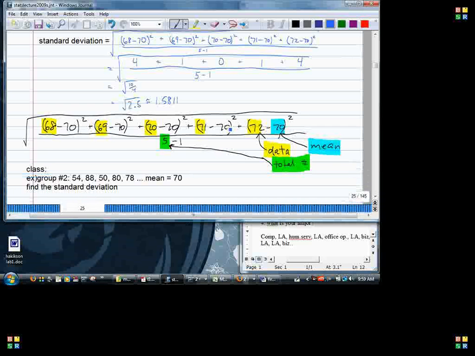Okay. So why don't you guys go ahead and find the standard deviation for group 2. There's your data, and remember that we already calculated the mean, and it is 70.